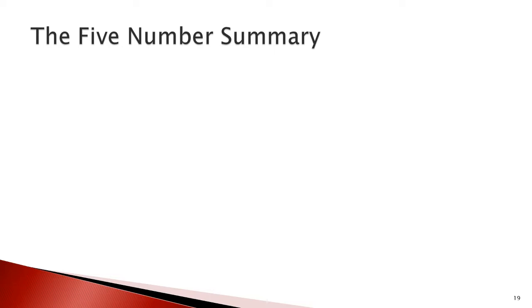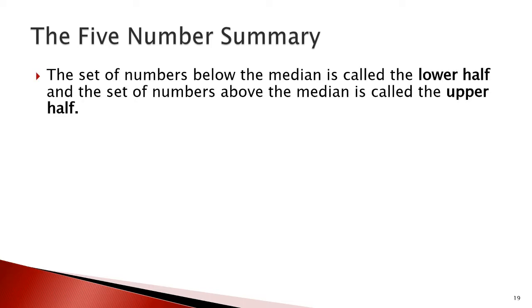Next, what we are going to learn is the five number summary. The set of numbers below the median is called the lower half, and the set of numbers above the median is called the upper half.